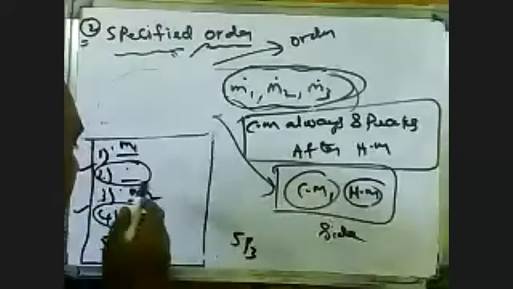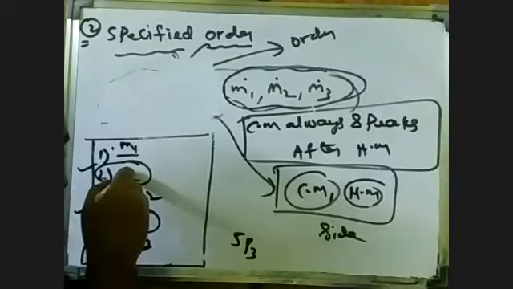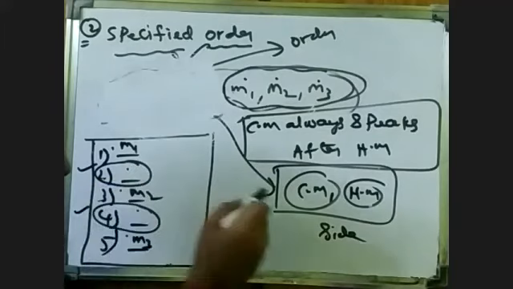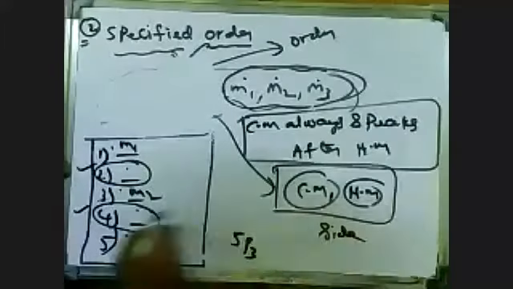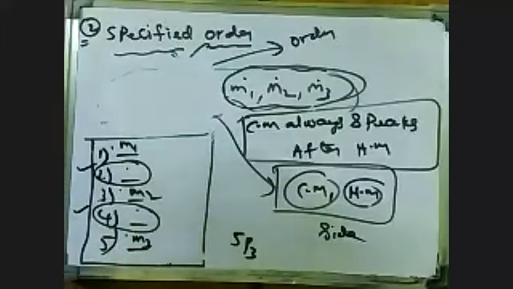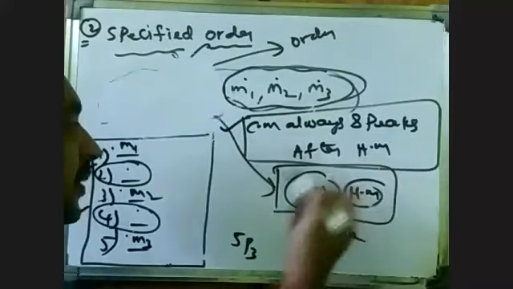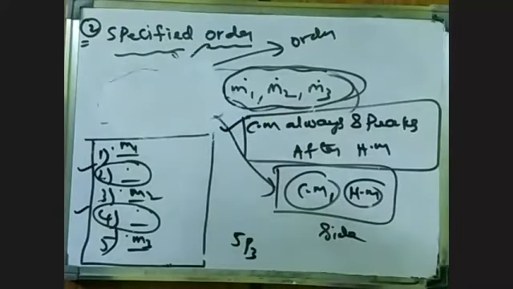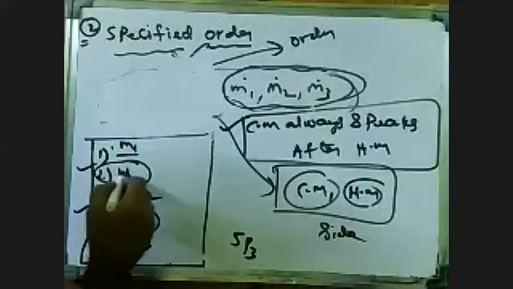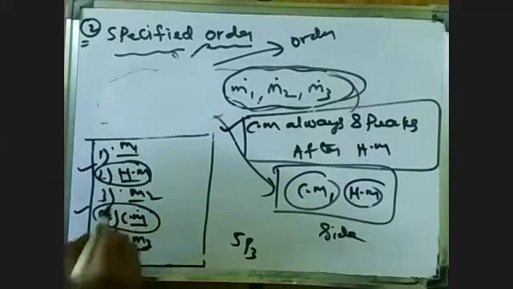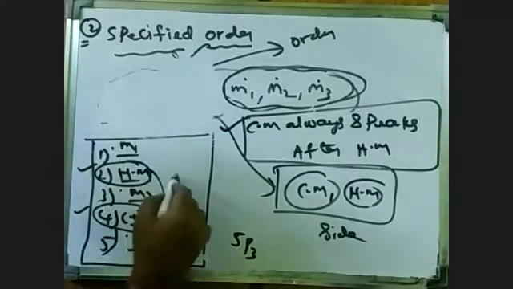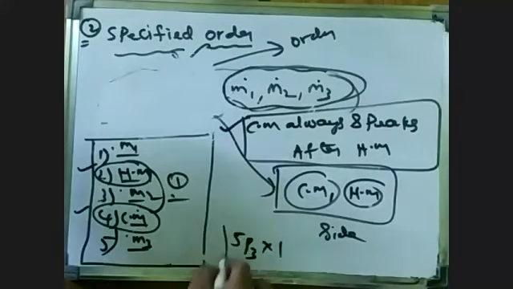Now, second place, what do you have to write? Note that CM always speaks after HM. So the second place will be Home Minister, and the 4th place will be CM. And it can be done only in one way. That's all. Completed.